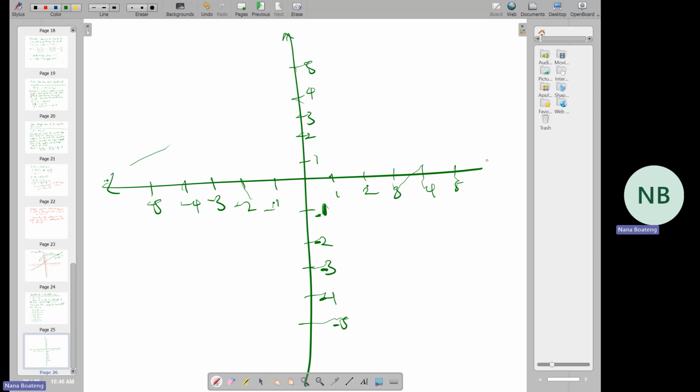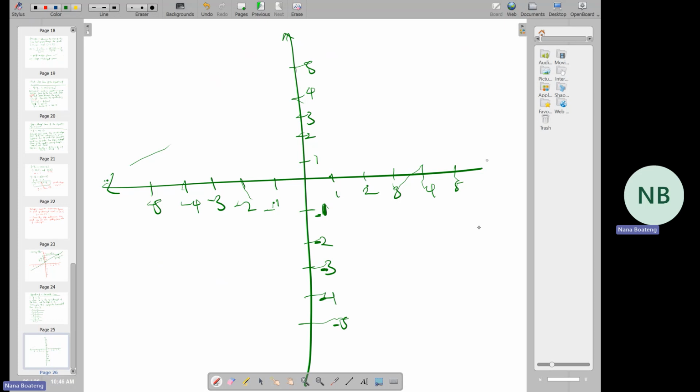And for the horizontal line, we said the slope is equal to 0. Let's say this is the line y is equal to 2. We said the slope is 0, because m is equal to y2 minus y1 divided by x2 minus x1. But for the horizontal line, y2 minus y1 is always 0.